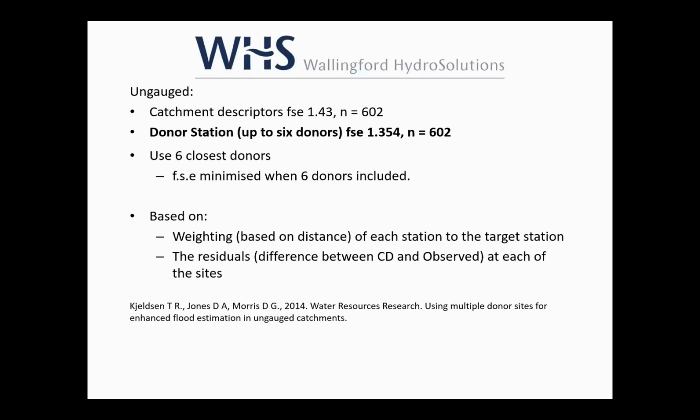And again, the effect of donor stations is determined by their distance from the target site and also the residuals. So that's the difference between what's estimated by the catchment descriptor equation and what's observed at those sites. So if you've got a donor station that's very close and there's a big difference between the observed QMED and the catchment descriptor QMED for that donor, then it's likely to have a big impact on your ungauged catchment estimate.